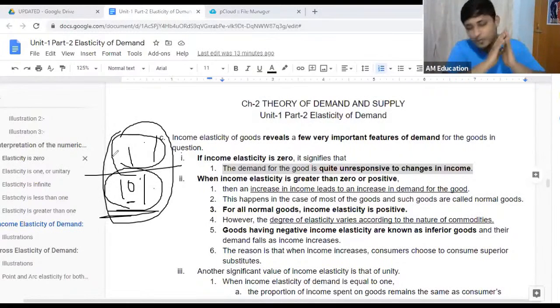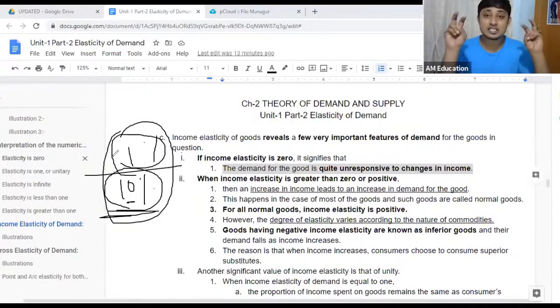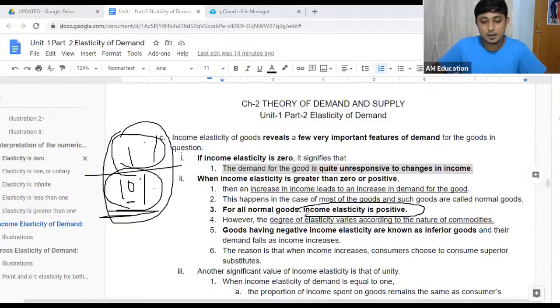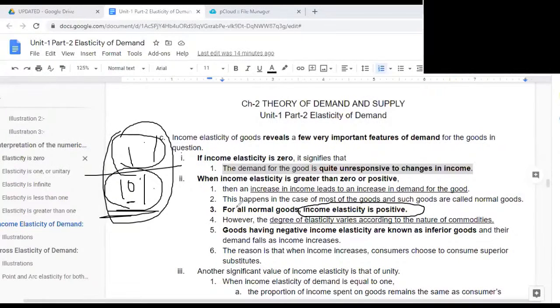Irrespective of the name of the good, if any good has this behavior, then it is called a normal good. Now, for all normal goods, the income elasticity is positive. That means there is an increase.